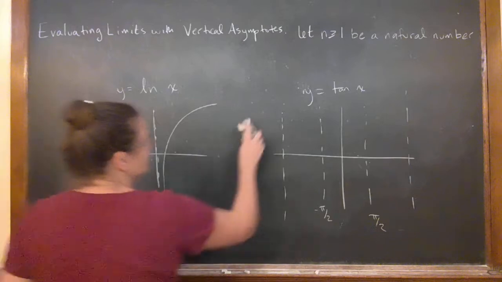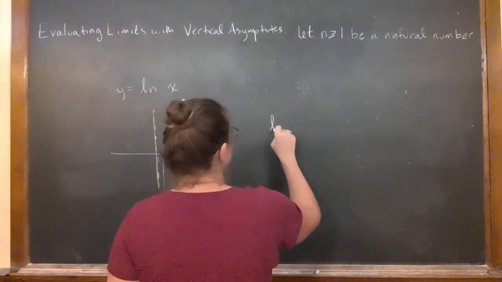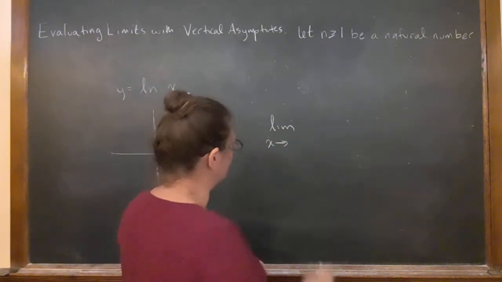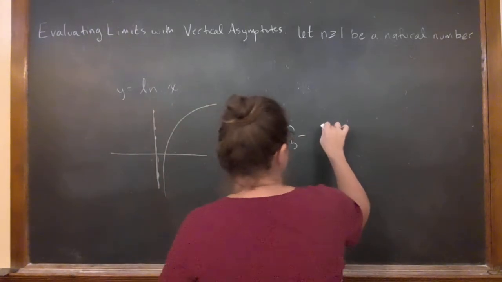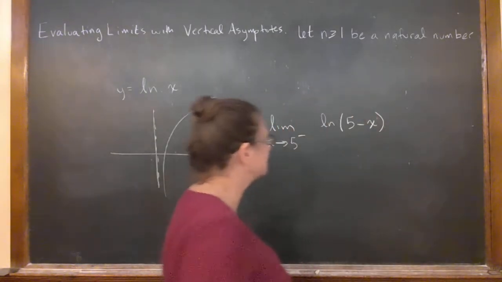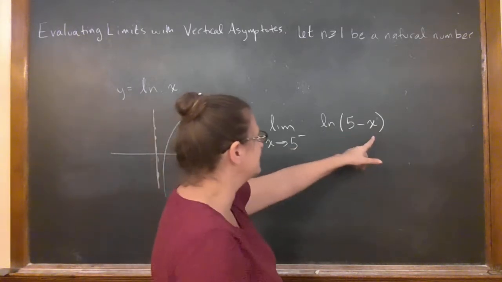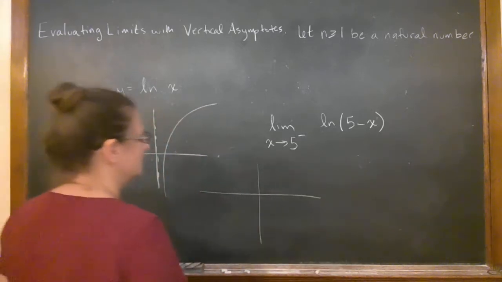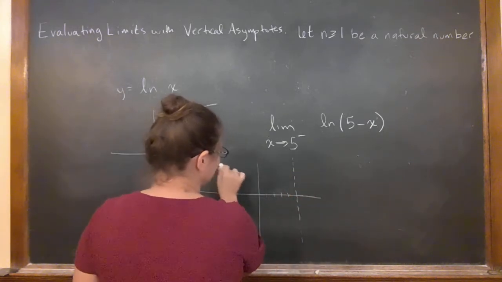So I can use that if I have, say, limit as x goes to 5, something like this. Notice that it's 5 minus x. Actually, if I graph this, here's 5, and it's like this.